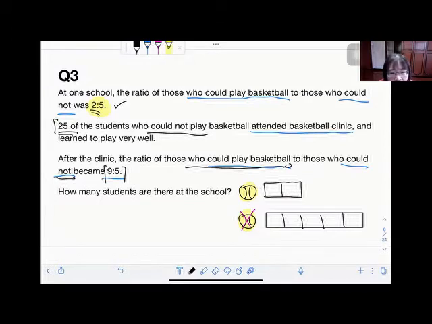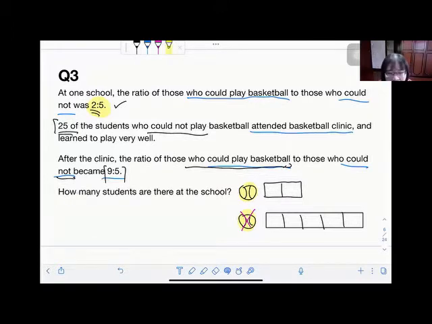So yung sinasabi ni Scott, 25 of the students who could not play basketball. So ibig sabihin, yung sinabi ninyo kanina, tama, di ba? May 5 boxes yung hindi marunong mag-play ng basketball. Yes po. Yung 5 boxes, hindi natin alam kung ilan silang lahat. Di ba?